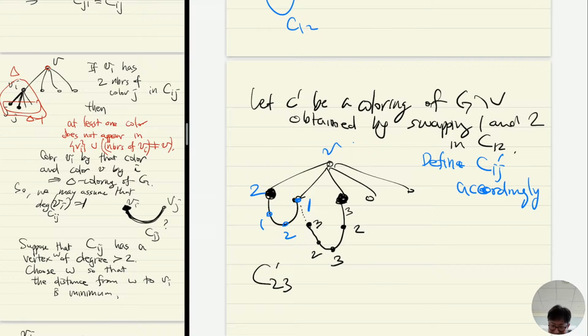I want to have an intersection. So where can I have an intersection? So 1, 2, 2, 3.